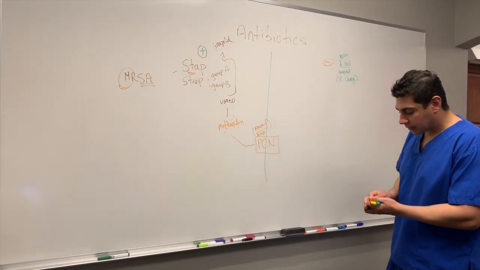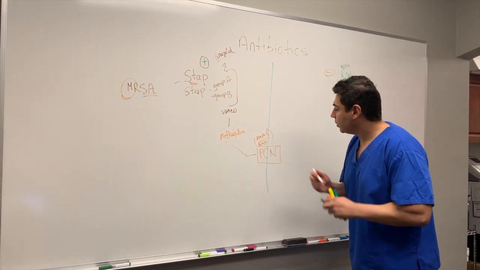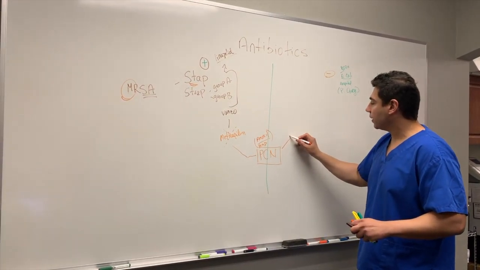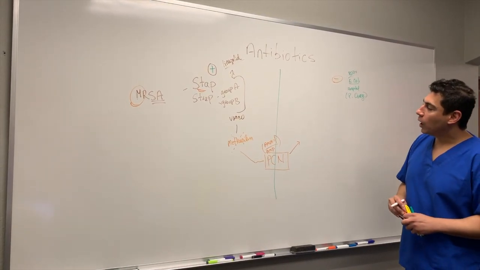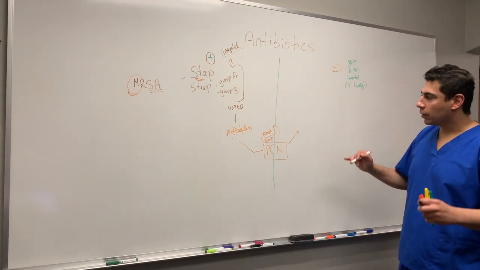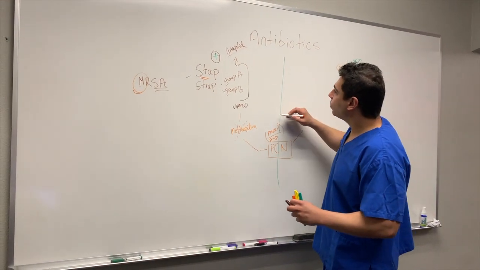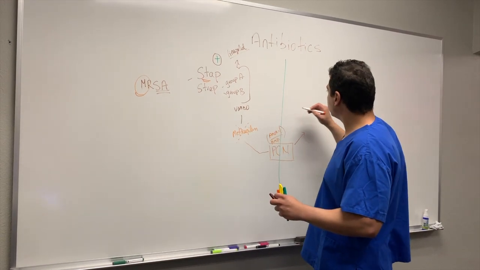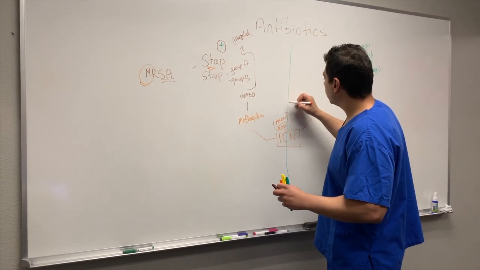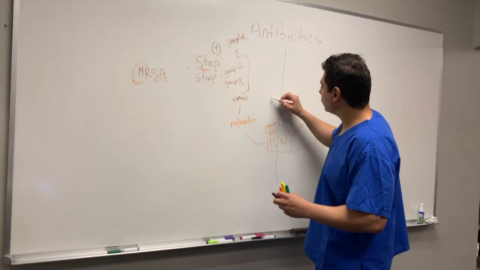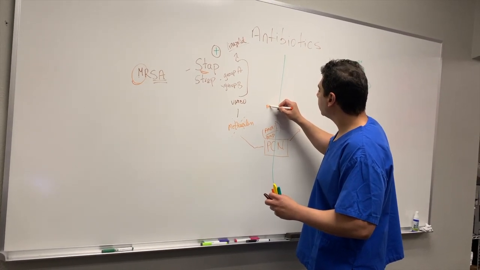Let us look at the gram negatives. So now you have a patient in the hospital setting, or maybe let's go with the outpatient setting first. And you want to get both gram positives and gram negatives with a stronger antibiotic. So you use an amoxicillin combination.